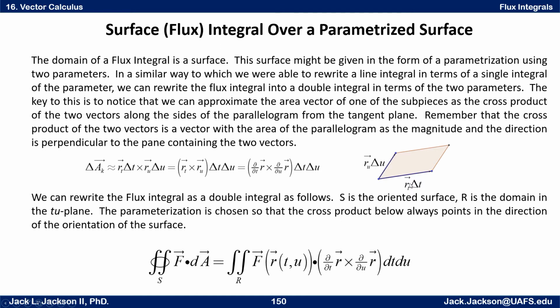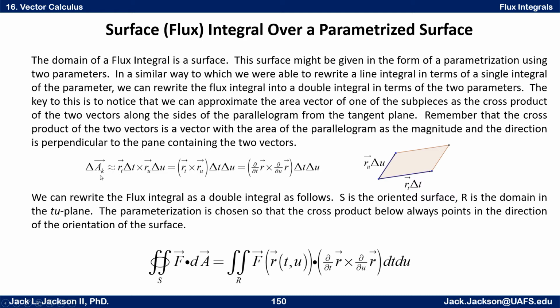Okay, these are vector derivatives, so these are vectors. Multiply those together, that is a cross product, and we get a vector which has this parallelogram as area, but the vector is going to be pointing out perpendicular to this plane.